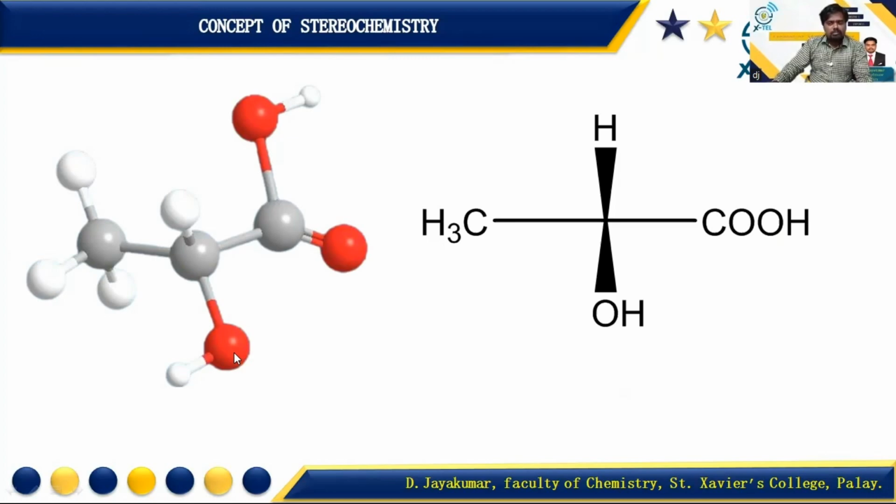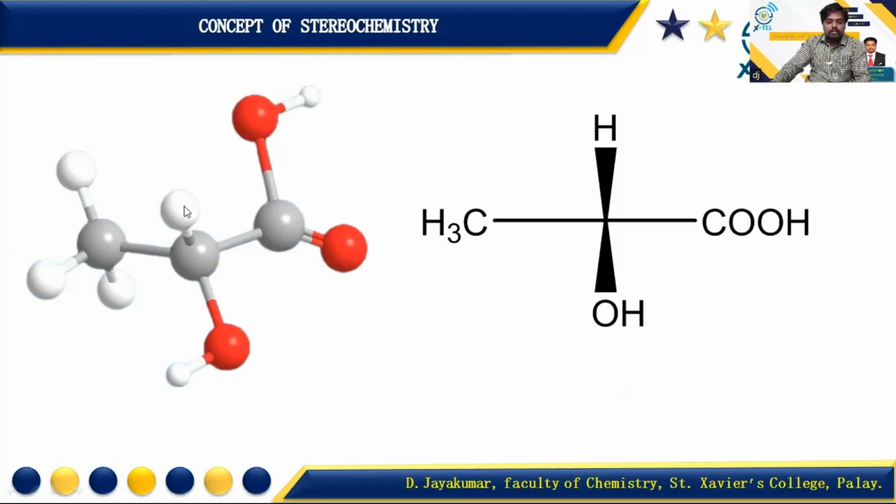So if I simply go bluntly priority-wise 1 to 2 to 3, my eyeball once again goes in an anti-clockwise direction. However, one may instantly say it is S, just because it is going anti-clockwise. Then look at the position of the fourth priority, the hydrogen.